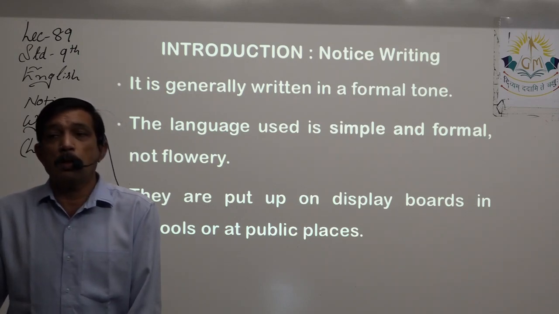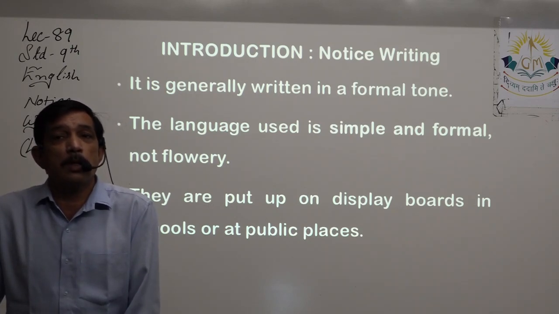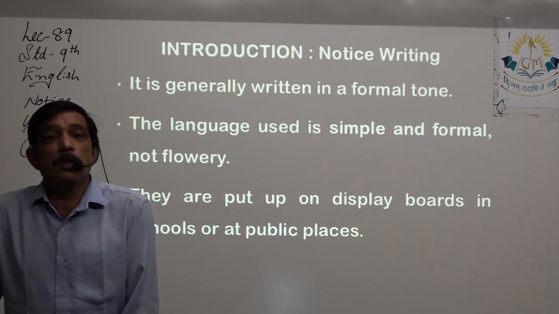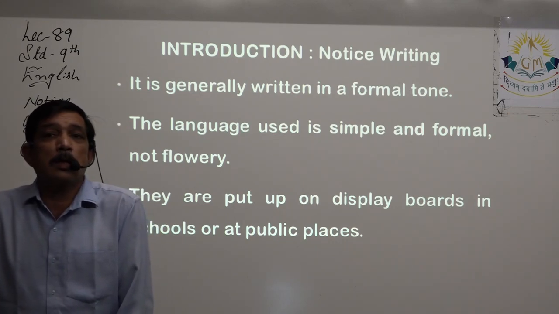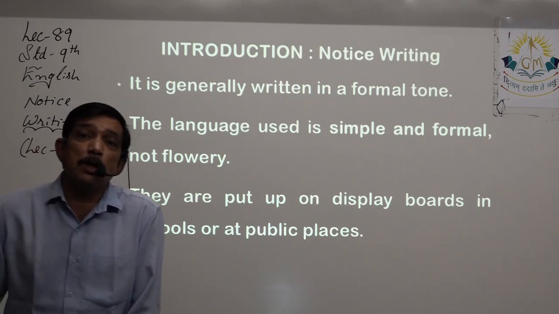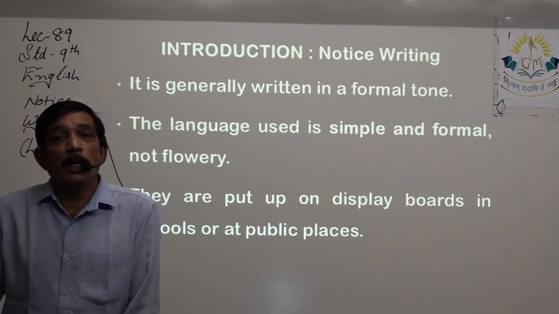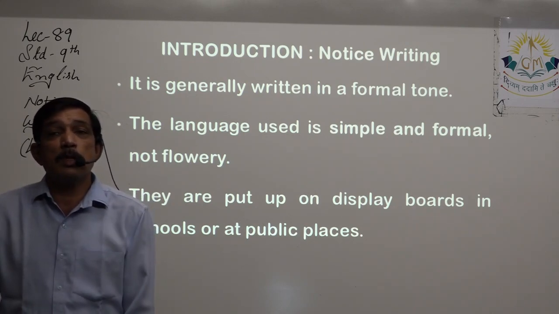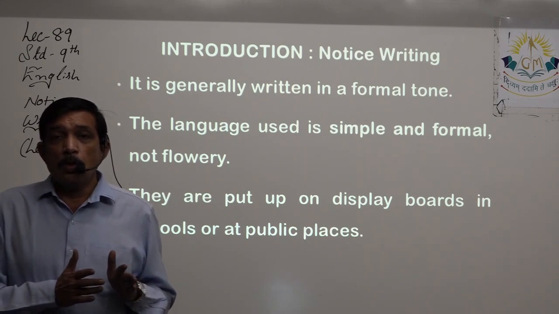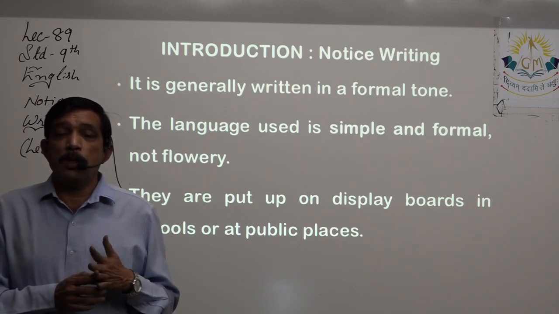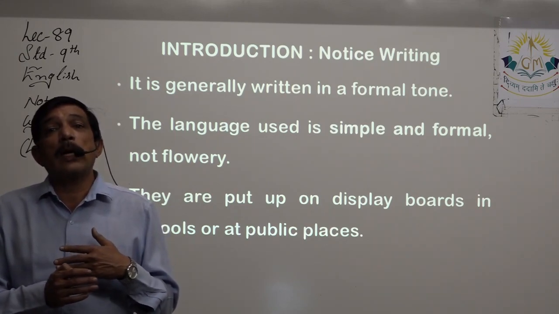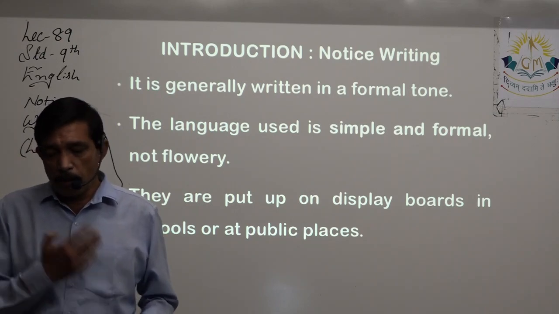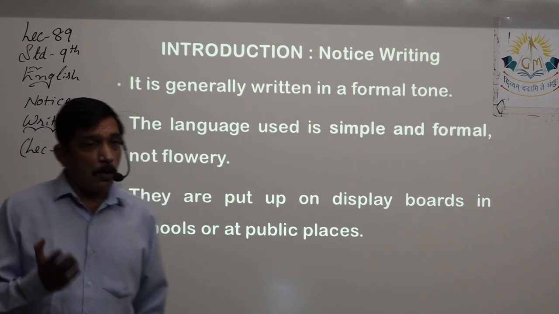For example, for the development of the students, to develop the drawing skills of the students, we are organizing an event, an inter-school drawing competition. Stick to the facts. Do not use a language which looks informal, right? So it is generally written in a formal tone.